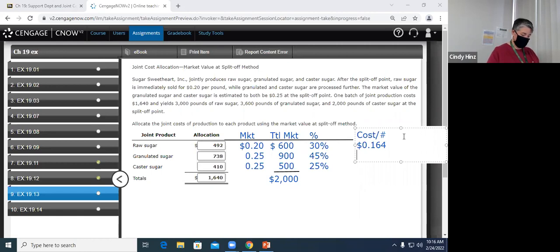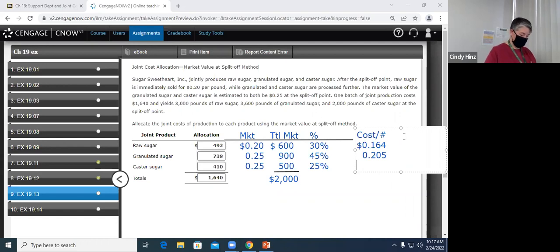Granulated sugar, we've allocated $738, and that's for 3,600 pounds, for a cost of 20.5 cents per pound, and a gross margin of 4.5 cents. So as a percentage, it ends up being about the same.